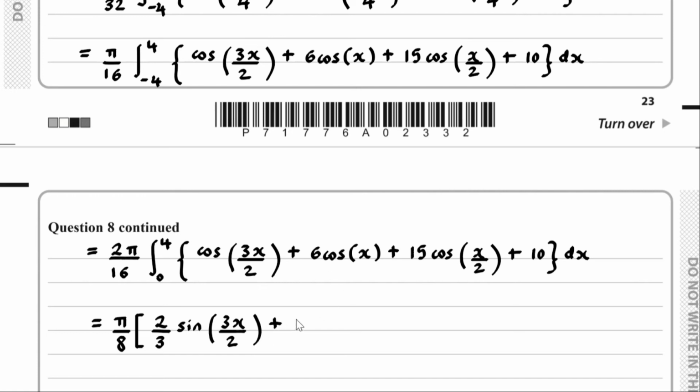Integrating 6 cos x, I end up with 6 sin x, and integrating 15 cos of x over 2, that gives 30 sine of x over 2, and integrating 10, we just get 10x.